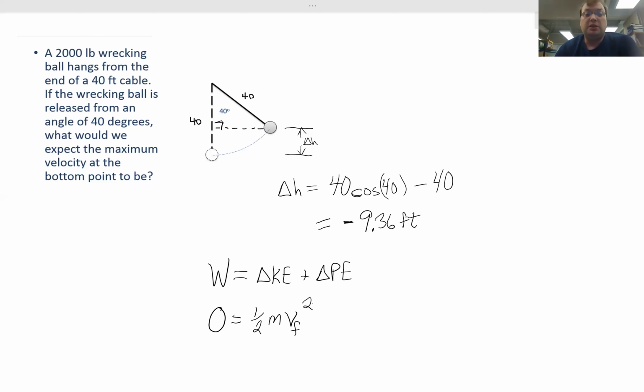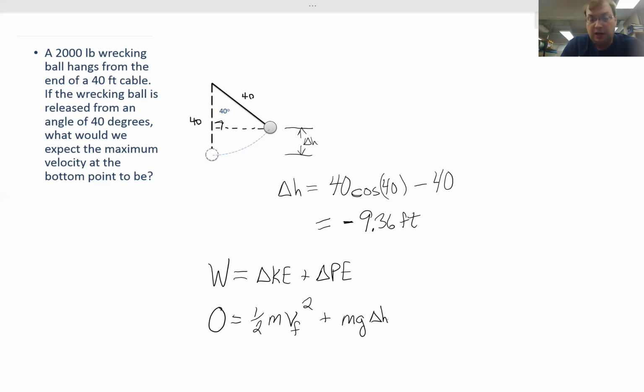V initial, because it's being released from rest, or assumed to be from rest, is 0. And our change in potential energy is mg multiplied by delta H.